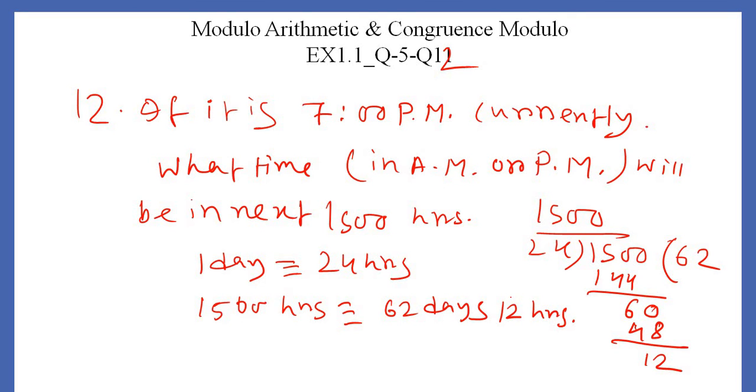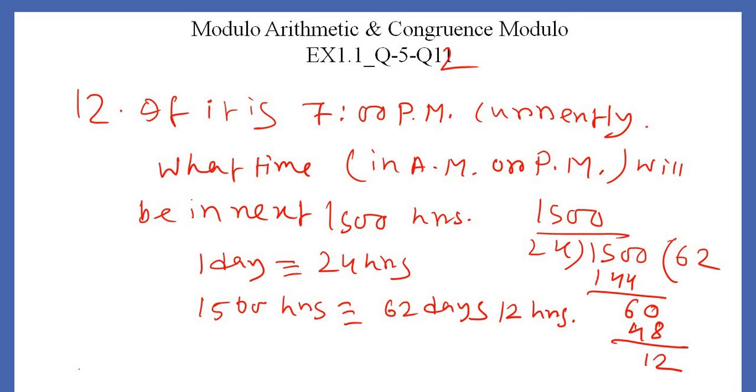Why have we converted 1500 hours into days? Because if we get the number of days, actually after 1 day 7 pm, it would be 7 pm. After 2 days also it would be 7 pm. After 3 days also it would be 7 pm.